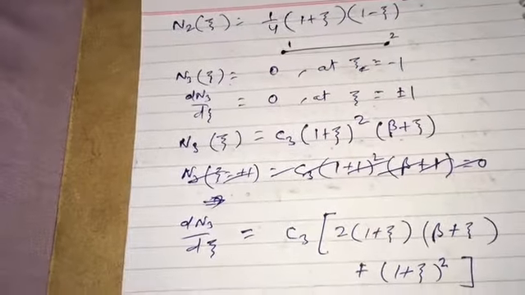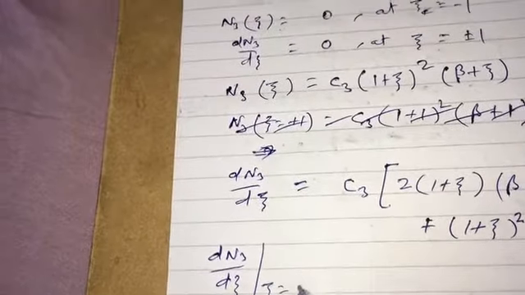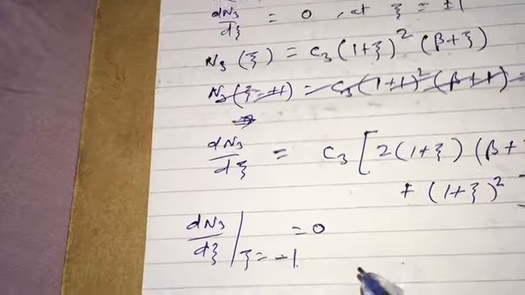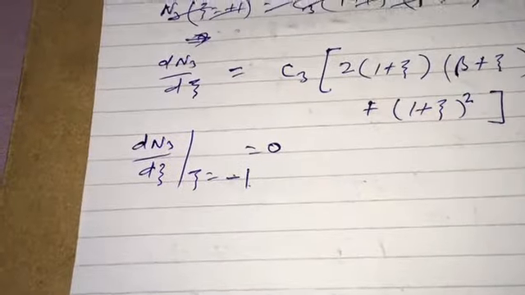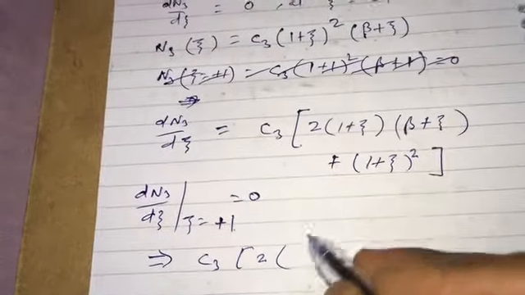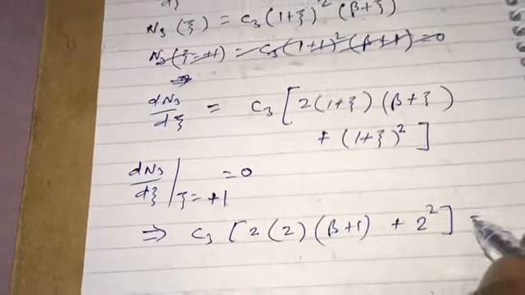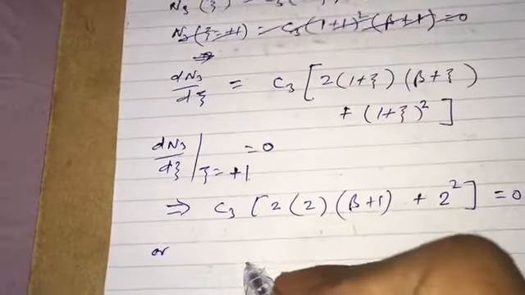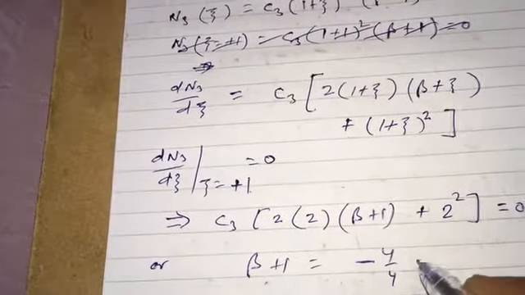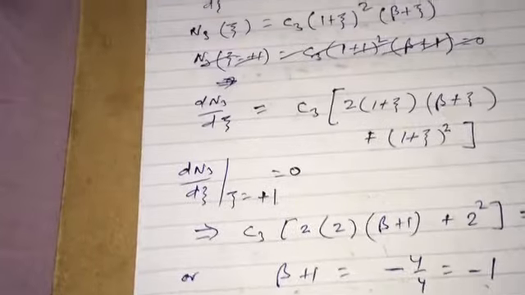So, dN3 d xi at xi equal to plus 1 has to be equal to 0. That really means C3 times 2, then 2 here, beta plus 1 here, plus 2 square will be equal to 0, or we get beta plus 1 equal to minus 4 by 4 equal to minus 1, and beta equal to minus 2. Okay.